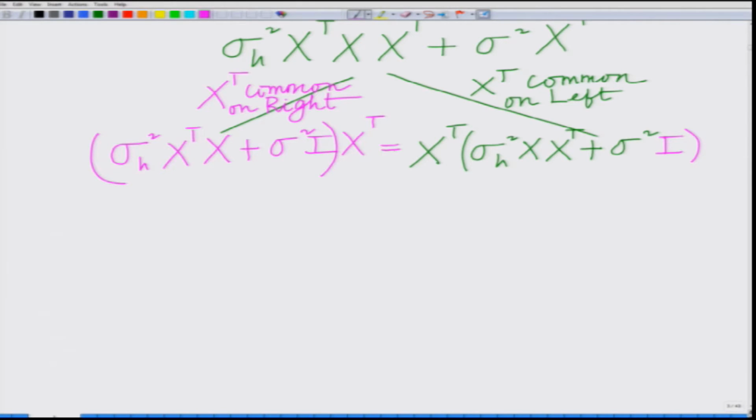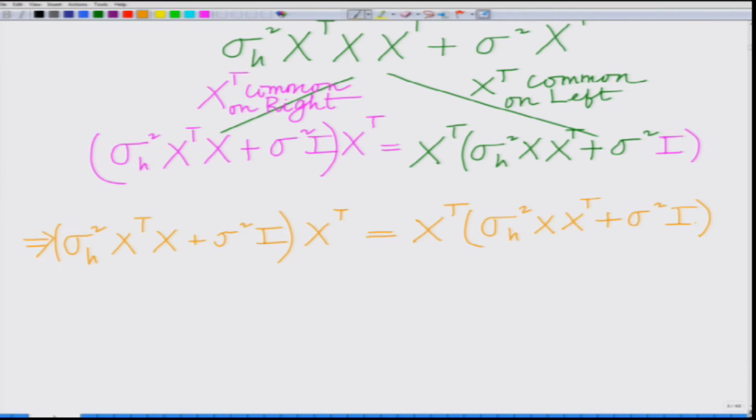Let me just write this clearly: sigma h square x transpose x plus sigma square identity into x transpose equals x transpose sigma h square x transpose plus sigma square identity.